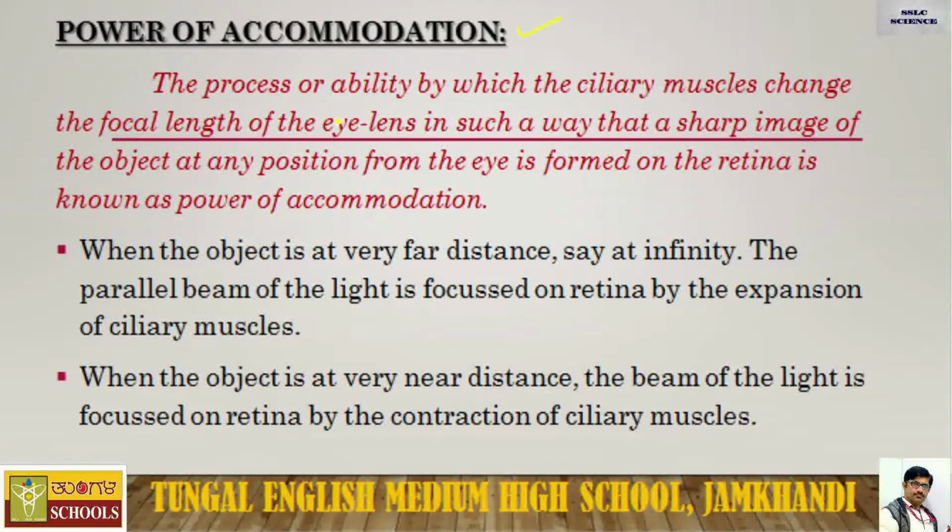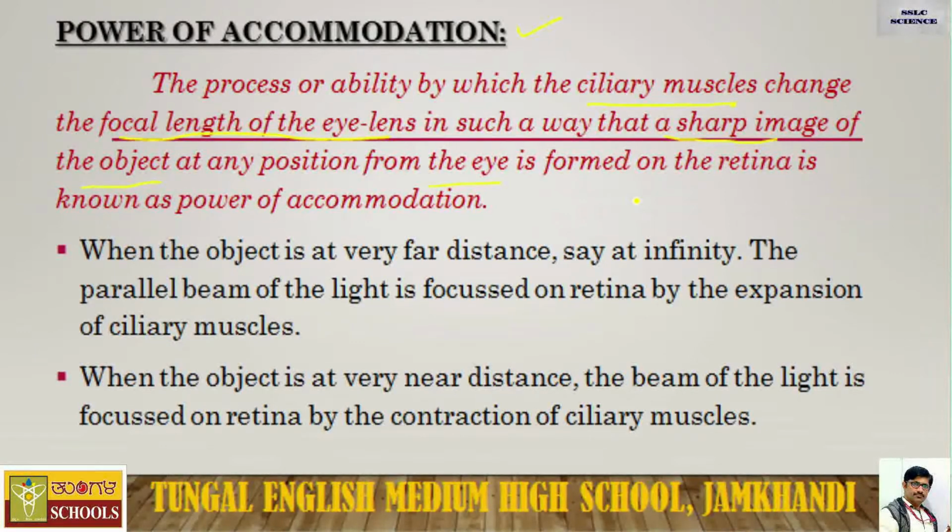The process or ability by which the ciliary muscles change the focal length of the eye lens in such a way that a sharp image of the object, at any position from the eye, is formed on the retina is known as power of accommodation.